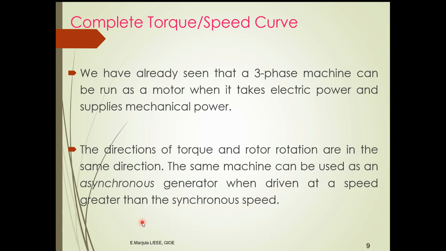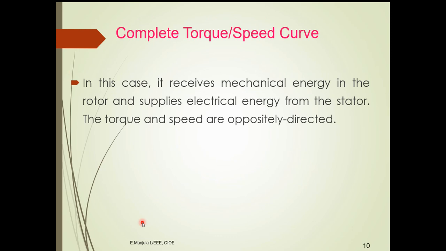The same machine can be used as an asynchronous generator when driven at a speed greater than synchronous speed. In this case, it receives mechanical energy at the rotor and supplies electrical energy from the stator, and the torque and speed are in opposite directions.